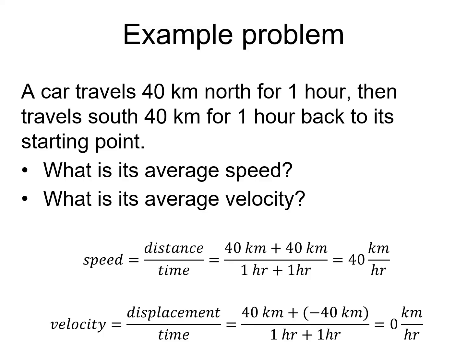So in other words, speed is a scalar, distance is a scalar. You do not have to consider direction. Velocity and displacement, on the other hand, are both vectors. You have to measure start to finish in a straight line to get displacement. In this case, it ended up right where it started, and therefore its average velocity is 0.